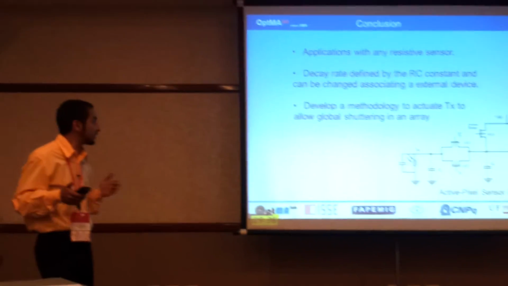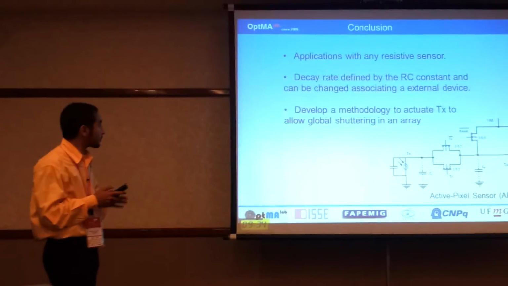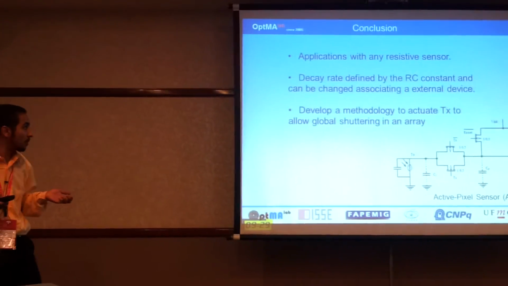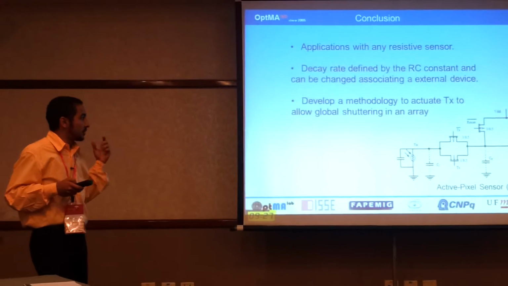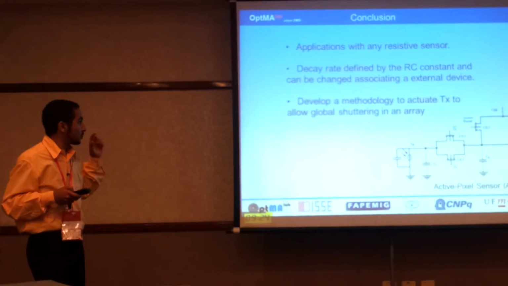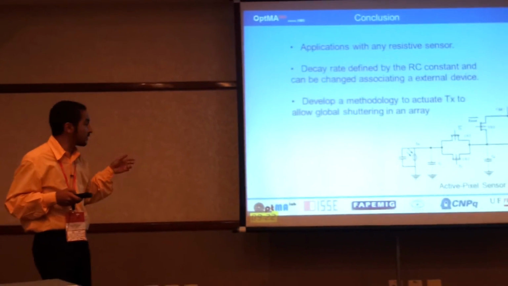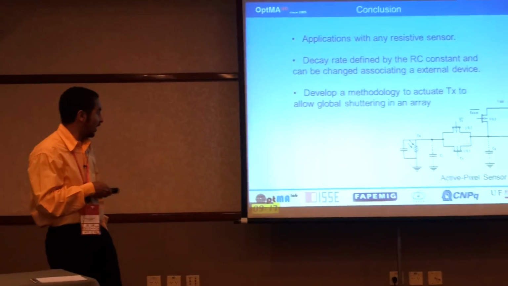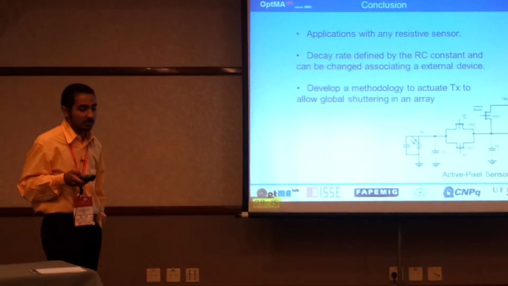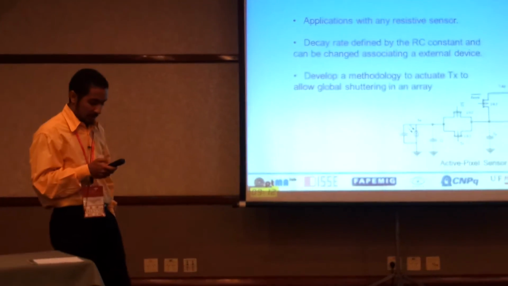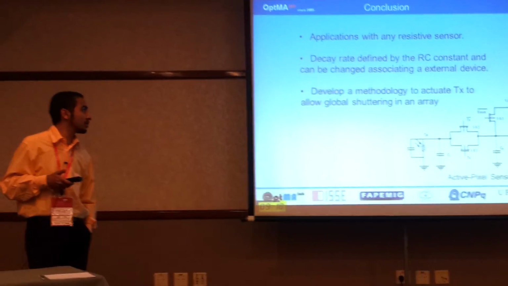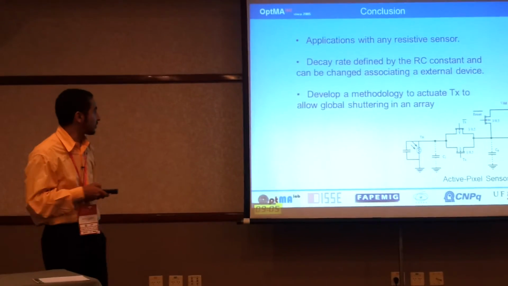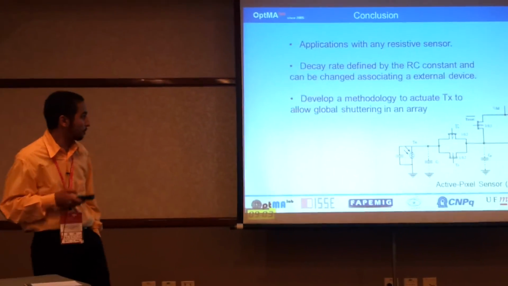To change this decay rate and allow other values of integration time, for example, we just need to associate an external device to this photodetector, such as a parallel capacitor or series resistor. And we developed a methodology to use this pixel in array applications and allow global shuttering.